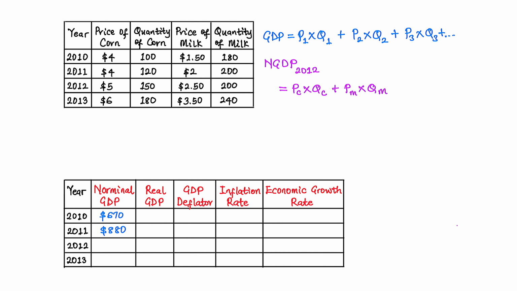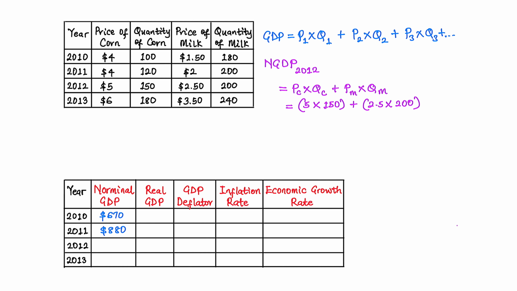Next, we are calculating the nominal GDP in 2012. Using exactly the same approach, the price of corn in 2012 is $5, multiplied by the amount of units, which is 150 units, plus the price of milk in 2012 is 2.5, multiplied by the quantity of milk, that's 200.